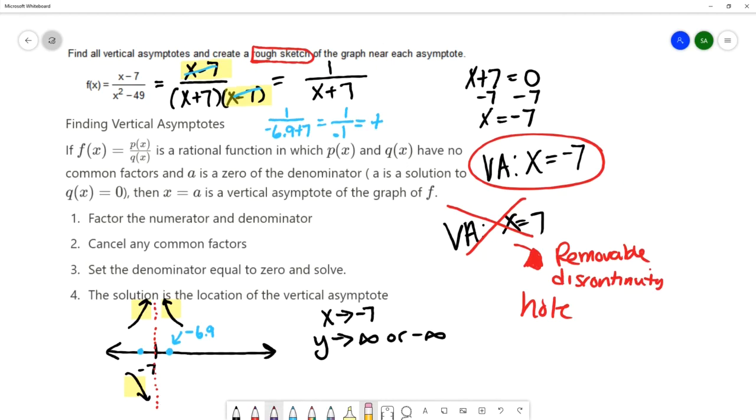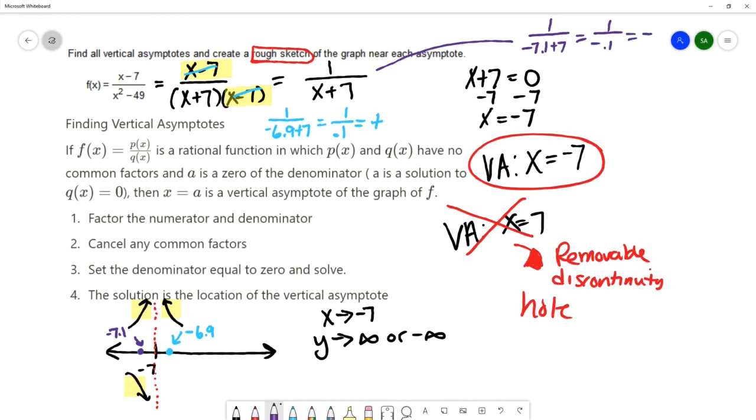And then I'm going to do the same thing on the other side. Let me pick a sample point that's a little bit less than negative 7, like negative 7.1. And we're going to substitute that in. 1 over negative 7.1 plus 7 would give me 1 over negative 0.1, and that's a negative number.